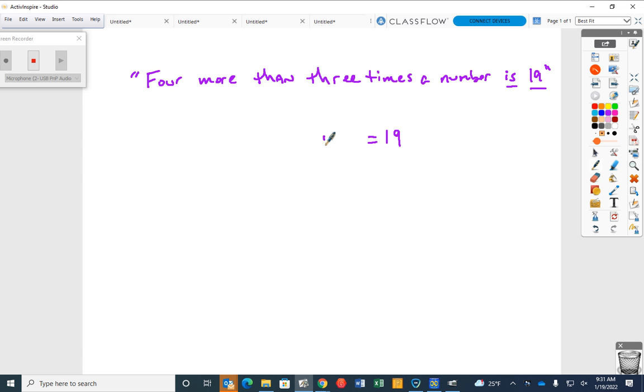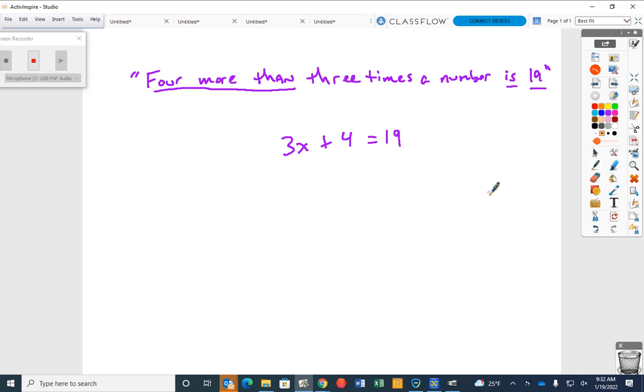Now, 3 times a number. How are we going to represent that? 3x, or 3y, or 3m, or 3w. I don't care what variable you use. We'll just say 3x. What have I turned that into?